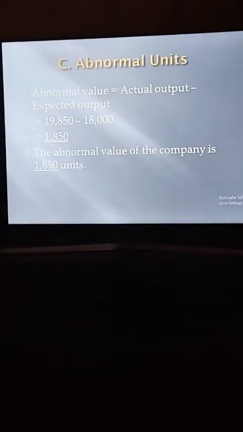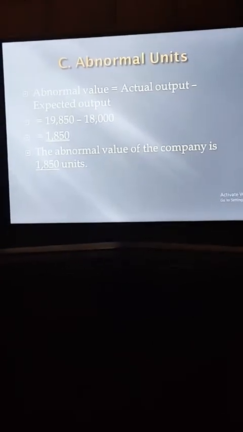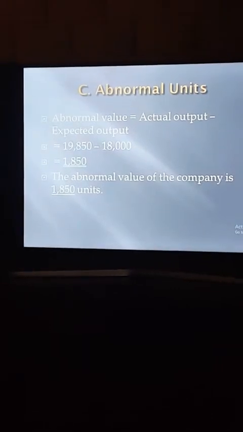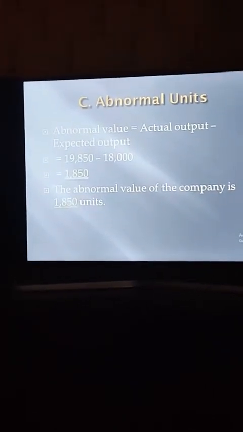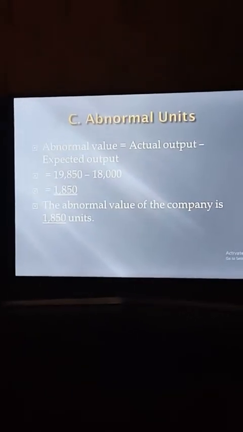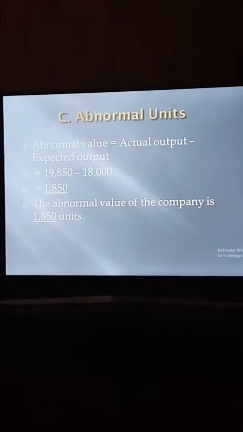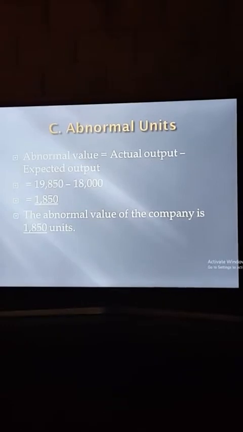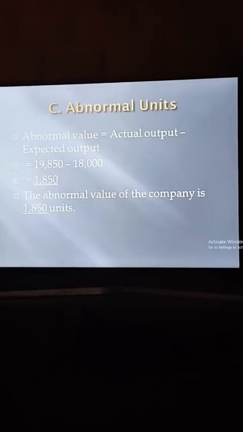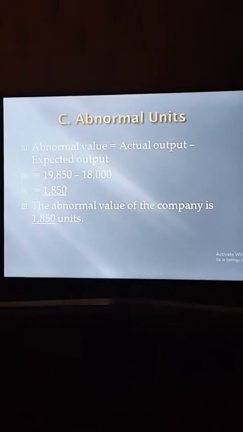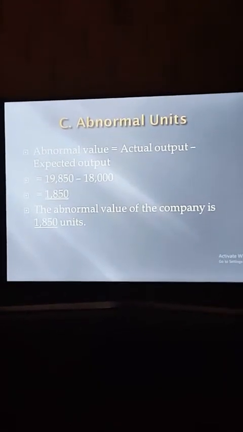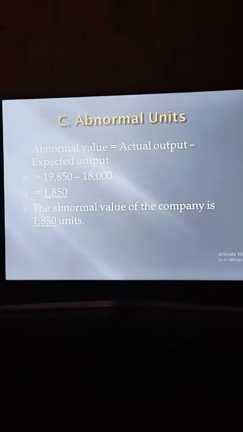The abnormal value of the company is 1,850 units, which basically means that the company was not expecting to be as productive as they thought they were going to be. There's an abnormal value, or an unknown variable within the production of the company, which caused them to create 1,850 further units.